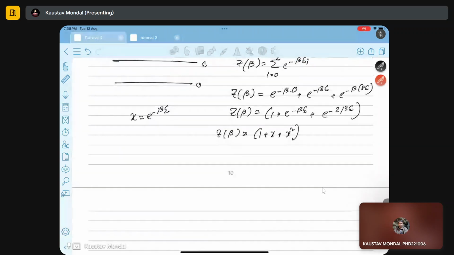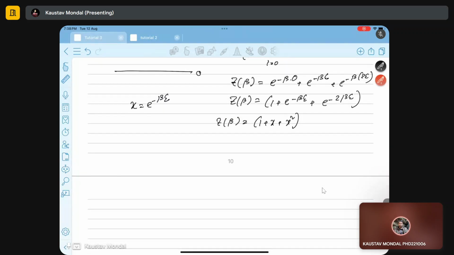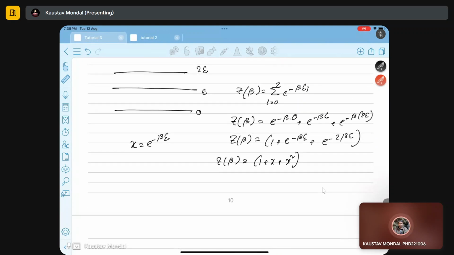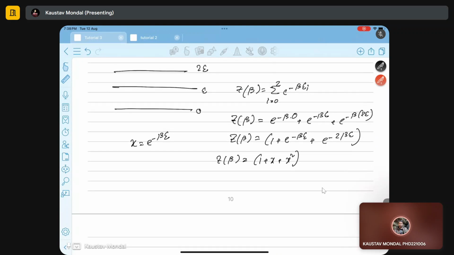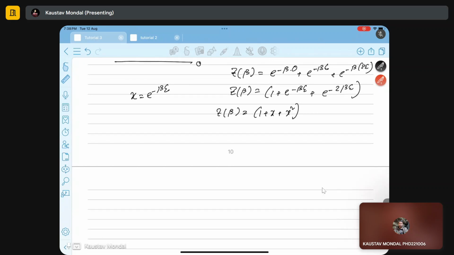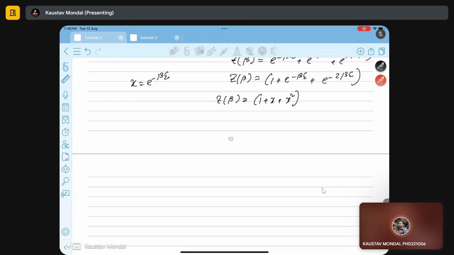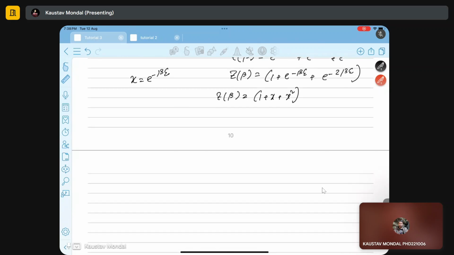Now, you got Z, which is nothing but the partition function. Instead of writing it as Q, I'm writing it as Z. Now the internal energy or the total energy you can easily find out, right?